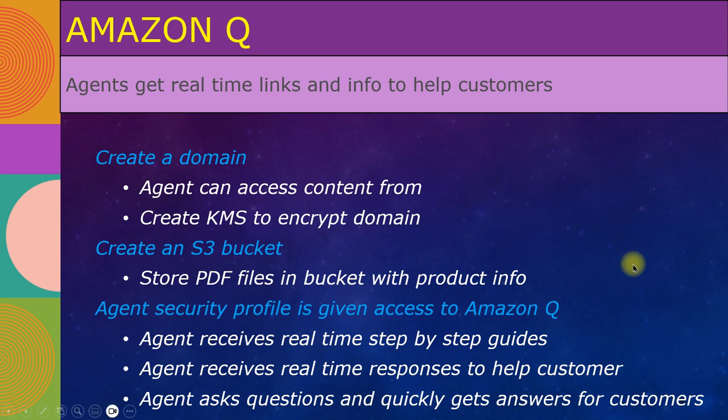So Amazon Q is easy to configure, easy to set up. You just need a domain. You need to pump some data with facts in a bucket. You have to enhance the policy for the security profile for the agent to access those guides and stuff.